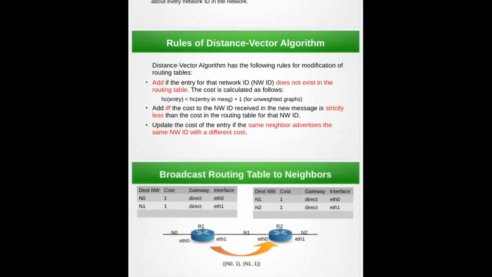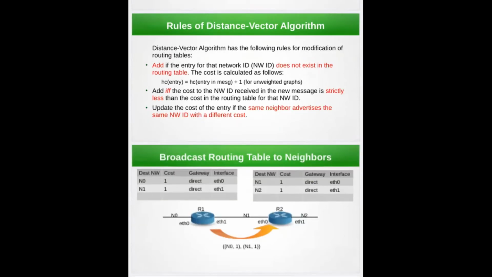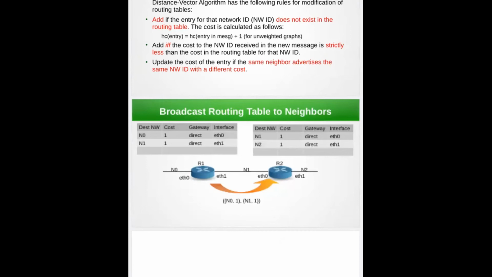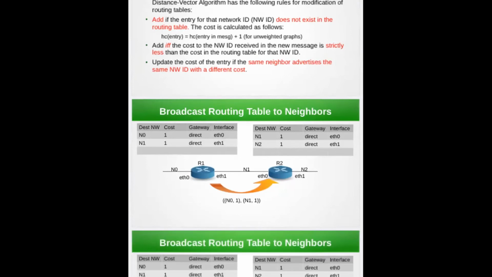Therefore, you add the entry in your own routing table. And the cost is calculated how? The hop cost of the entry in the message plus 1, because this is an unweighted graph. If it is a weighted graph, then you simply say the cost in the message plus the weight of the edge will give you the cost to that network from you.